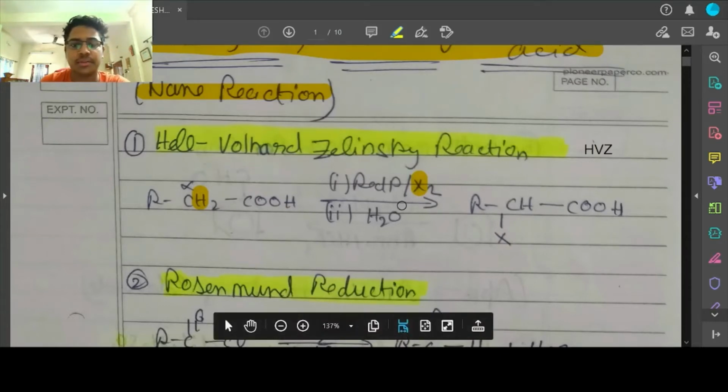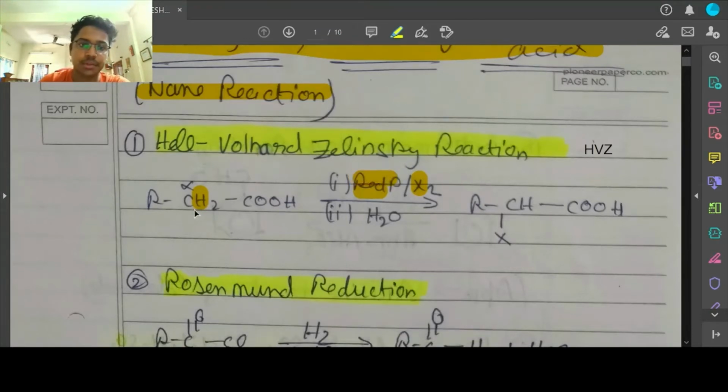Remember the term red phosphorus; red phosphorus is important. In RCH2COOH, the carbon attached to the COOH group is the alpha carbon, and those two hydrogens are alpha hydrogens.